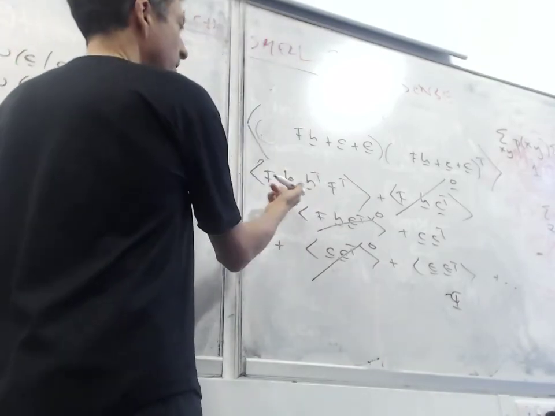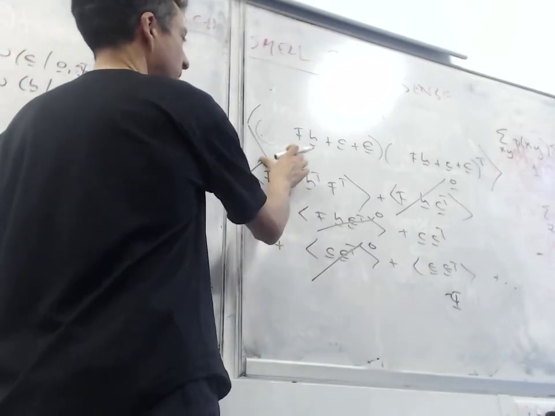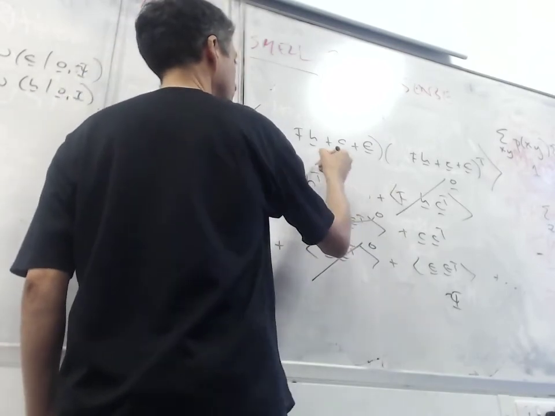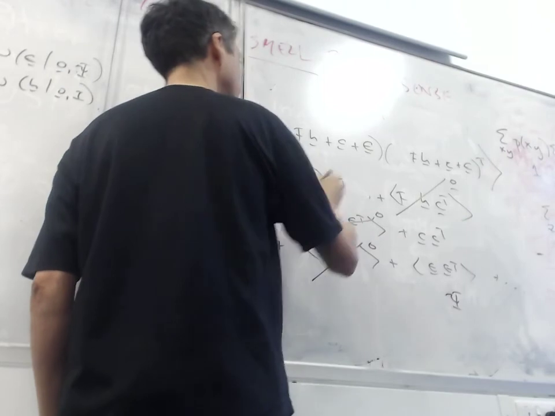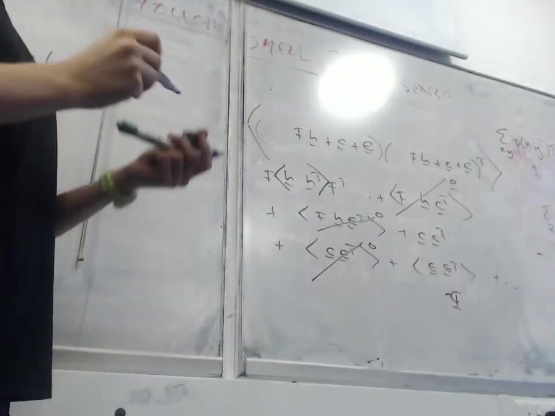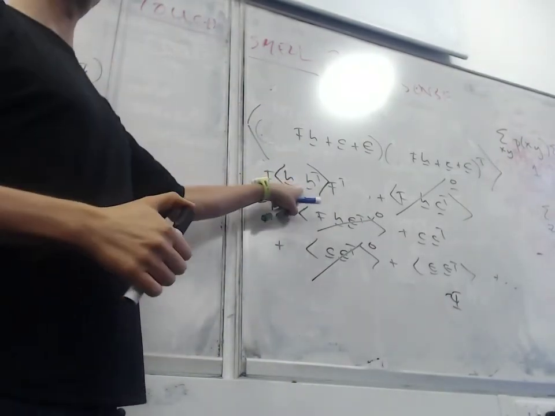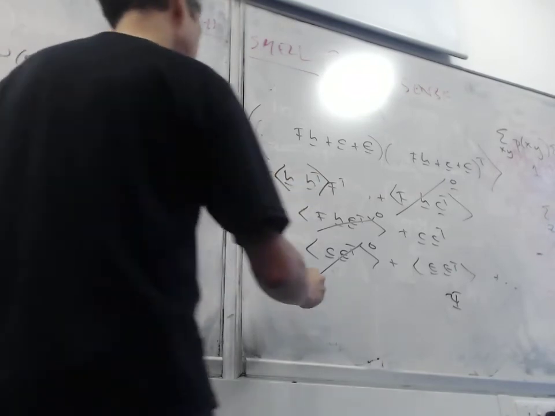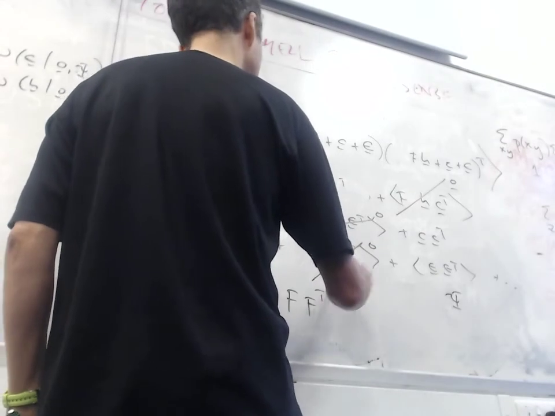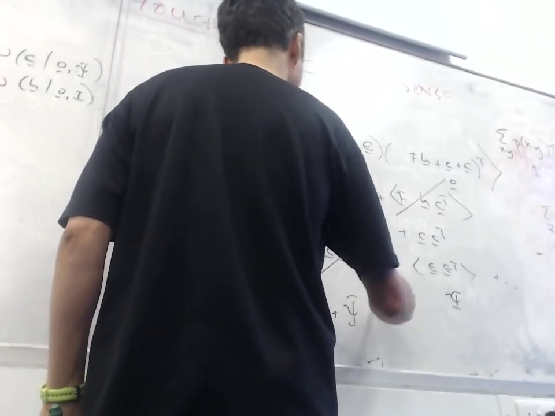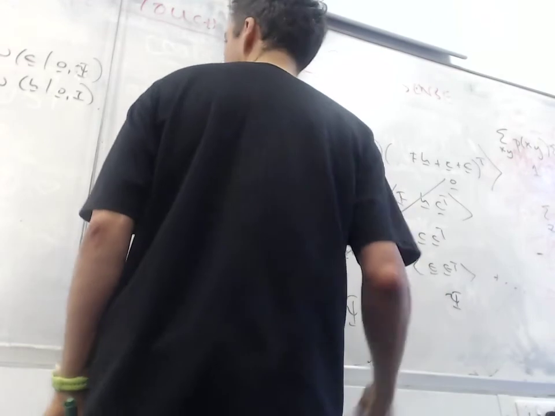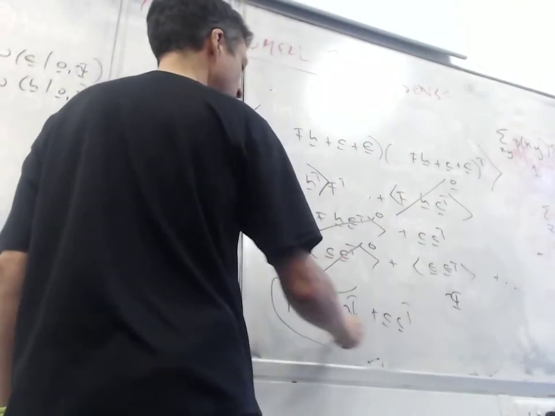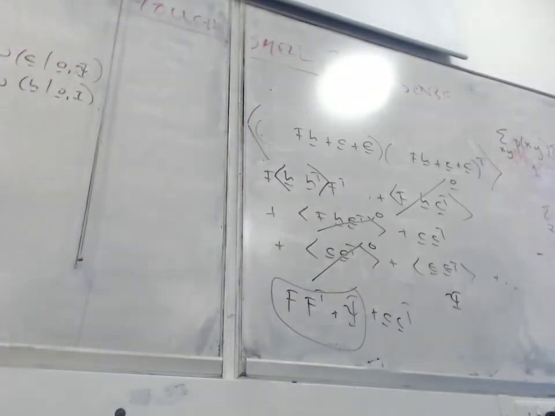Now let's look at this term here. f is a constant, so we can bring this expectation in here. h has mean 0, so this is the covariance of h, which is the identity. So we're just left with f f transposed plus psi plus cc transposed. But we're going to subtract cc transpose at the end, so we'll subtract it off. So this is the covariance matrix.